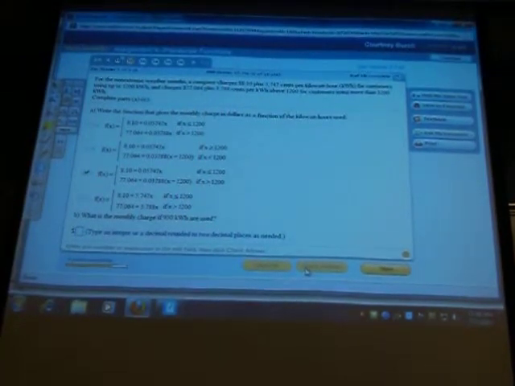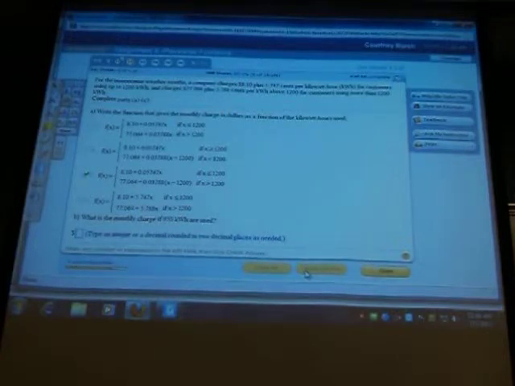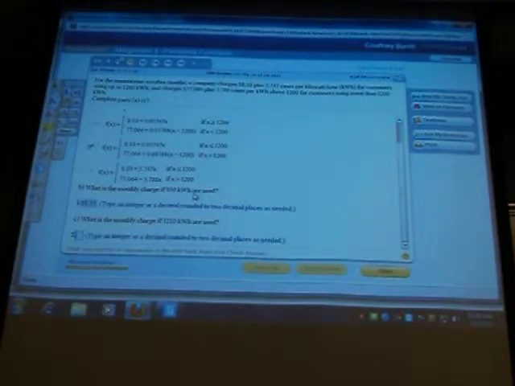Okay, so I'm going to plug in 930 into my first equation. 8.10 plus 0.05747 times 930, and I get, rounded to two places, 61.55. You've got to round that to two places because it is money.